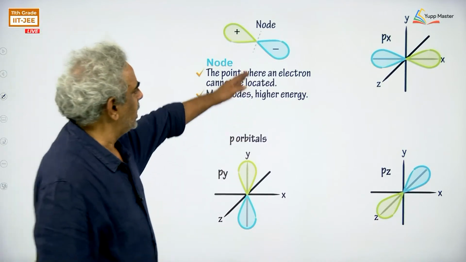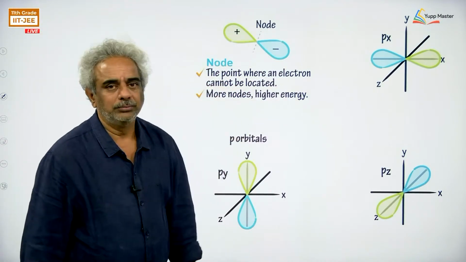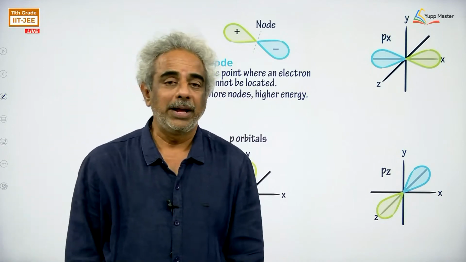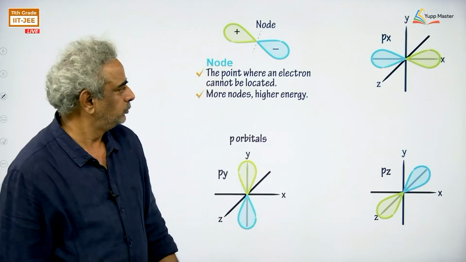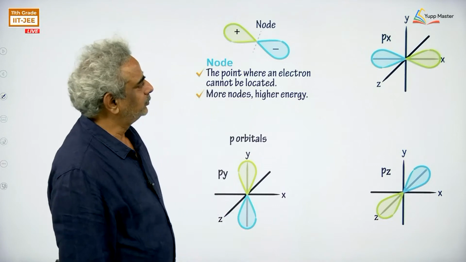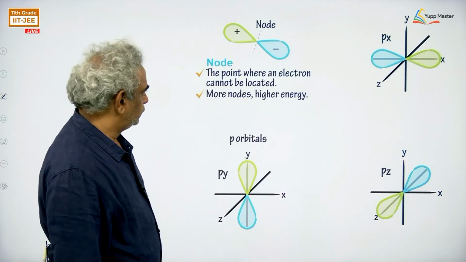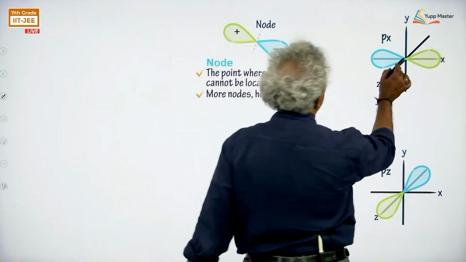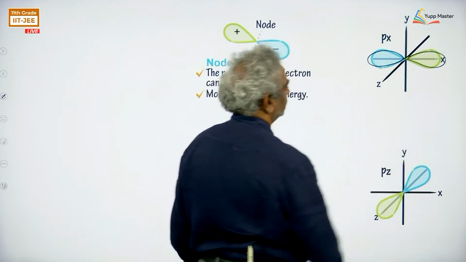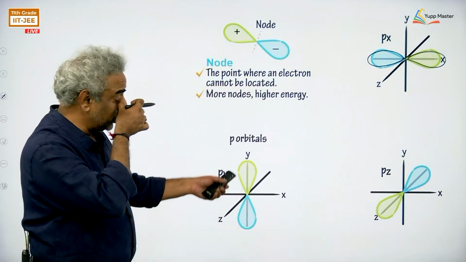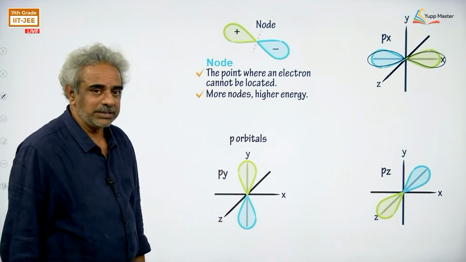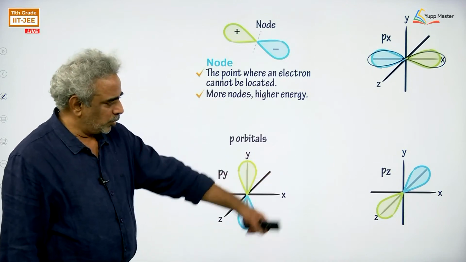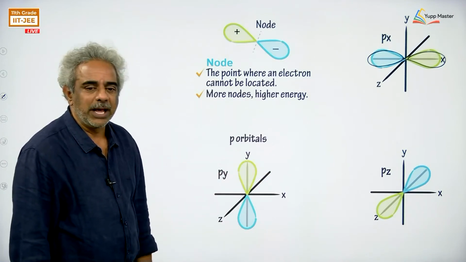So if it is divided like this, you will find a node. There is a nodal plane, angular node. So Px means the lobes are spread along x-axis. Py, the lobes are spread along y-axis, electron density. Pz, lobes are spread along z-axis.